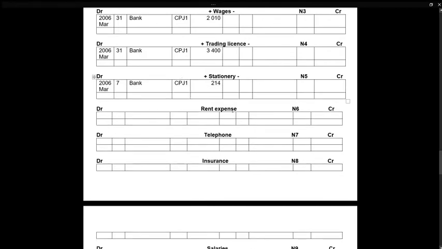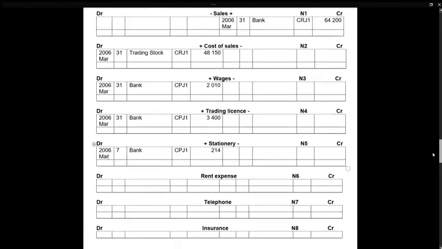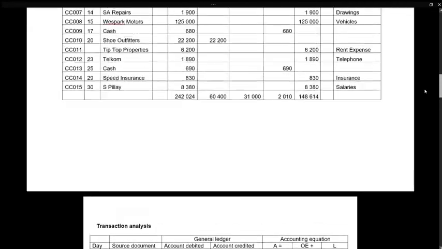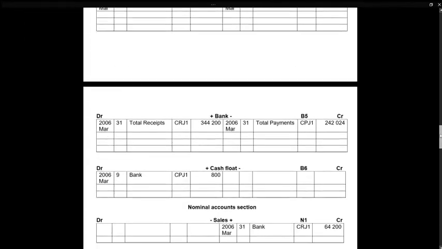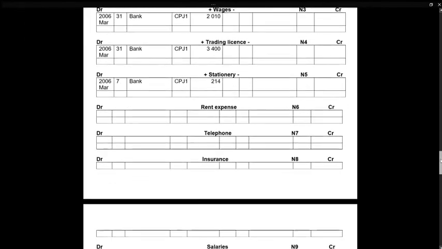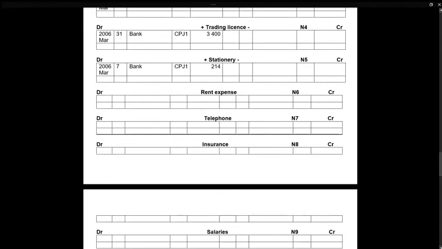There you go. Rent expense, it's in the name, it's an expense. Let's go and have a look at my rent expense. Rent expense, there you go. 6,200 Rand on the 20th. Alright, let's go and fill that in. Rent expense, so therefore plus, minus, 6,200 Rand.